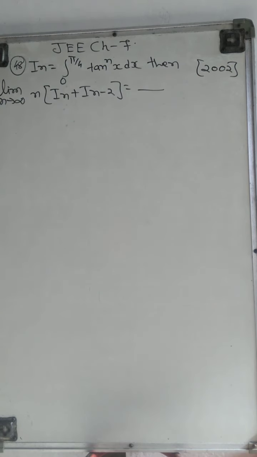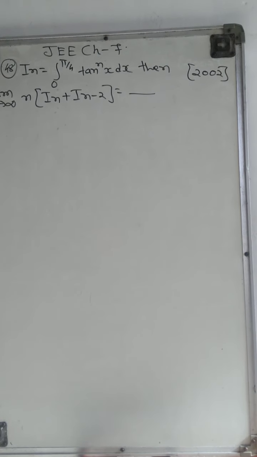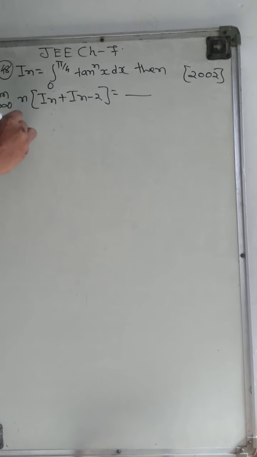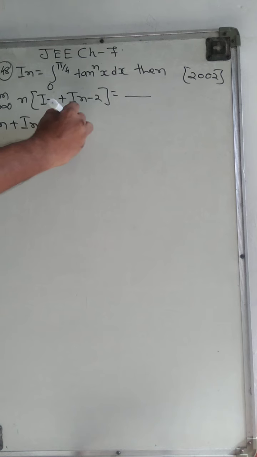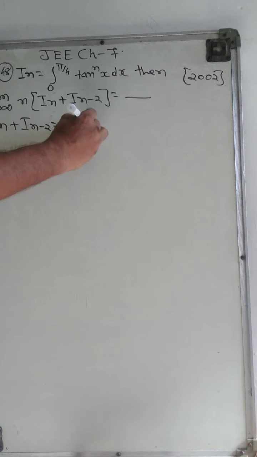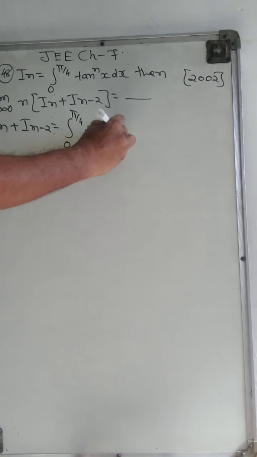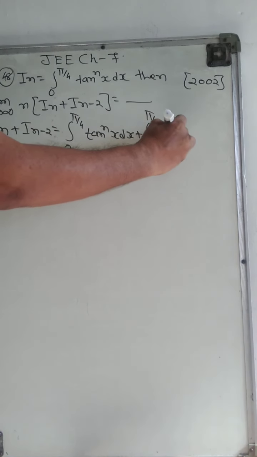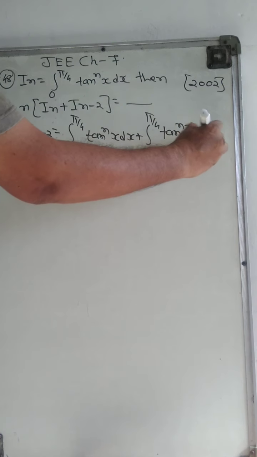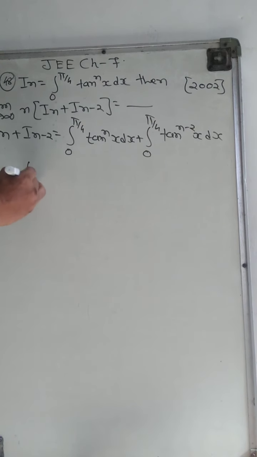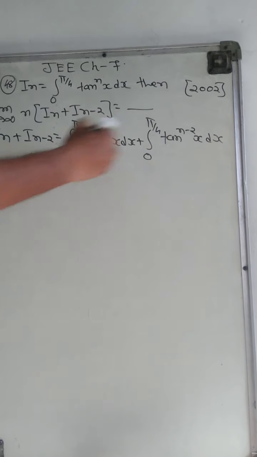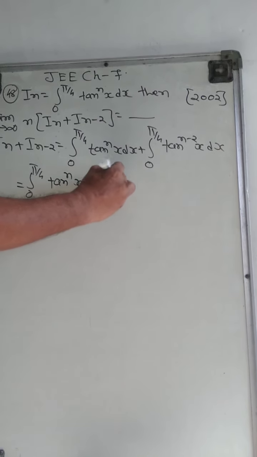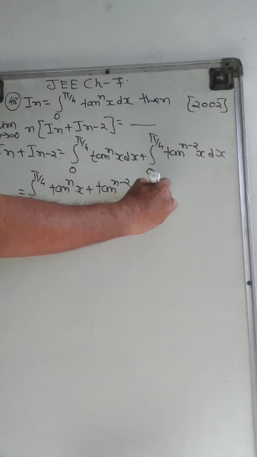Now here, first of all we simplify I_n plus I_{n-2}: it is the integration of 0 to π/4 of tan^n x dx plus the integration of 0 to π/4 of tan^(n-2) x dx. So taking it together, it is the integration of 0 to π/4 of (tan^n x plus tan^(n-2) x) dx.